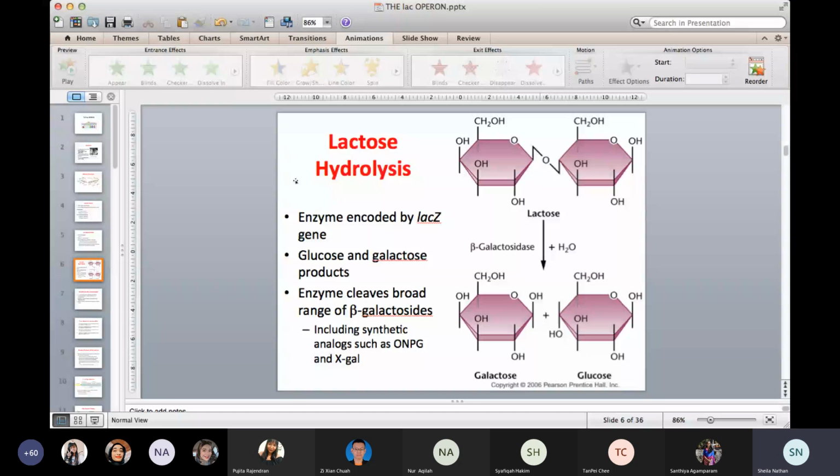Now in bacterial cells, the substrate, the carbon source, to be metabolized to produce ATP, the first choice is glucose. If the bacterial cell is growing in an environment where there is enough glucose, it will always use glucose first and break down the glucose to produce ATP.